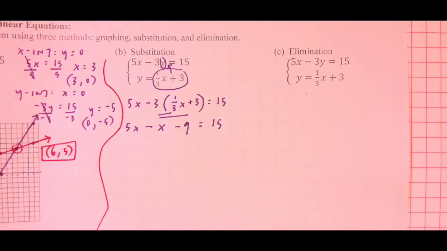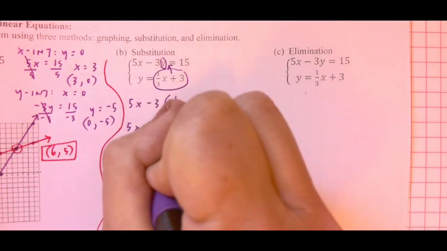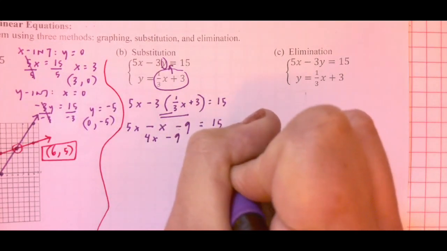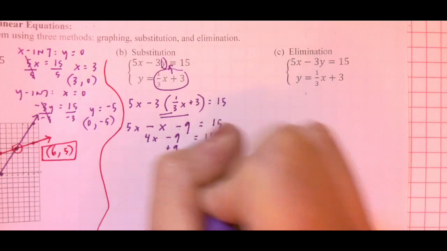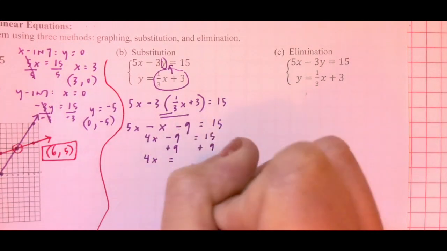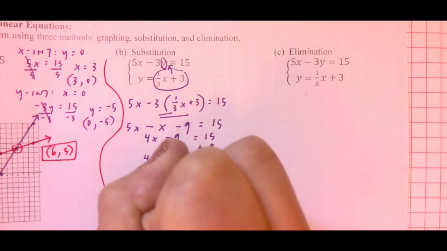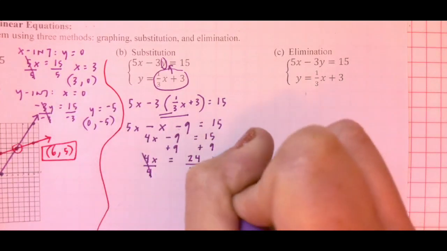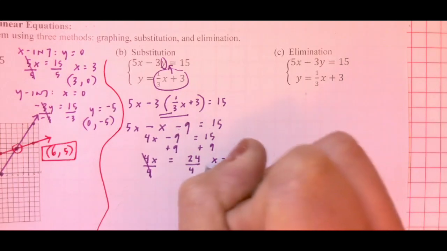Okay, so now I'm just cleaning it up. So I have 4x minus 9 equals 15. I'm going to add the 9 to the other side. So 4x is equal to 24. Divide each side by 4, and we get that x is 6.